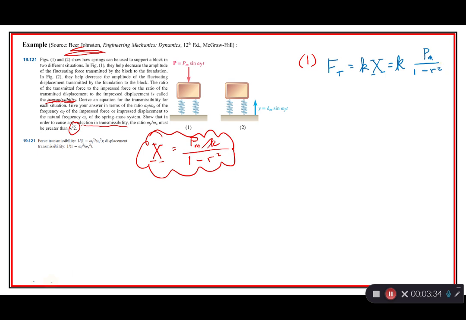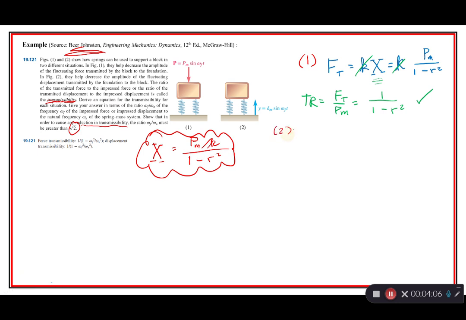So in this case, we get rid of that. Now we have x in terms of P_m. And so our transmissibility is going to be F_T over P_m, which is just going to be 1 over 1 minus r squared, which is the thing we were trying to get. I know, it seems kind of stupid. That's what we're trying to do.